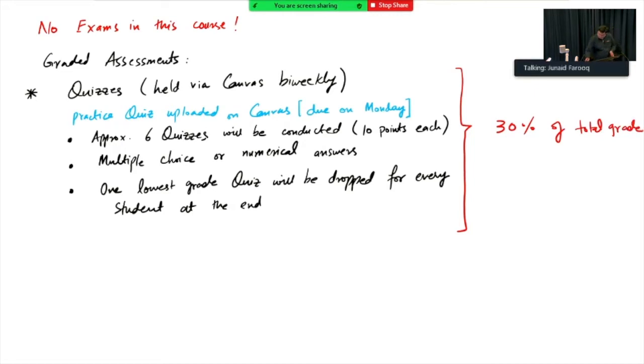Okay, and then you will have homework assignments. It's up to you. You can handwrite the homework or you can type it up, whatever you like, but it has to be uploaded on Canvas.